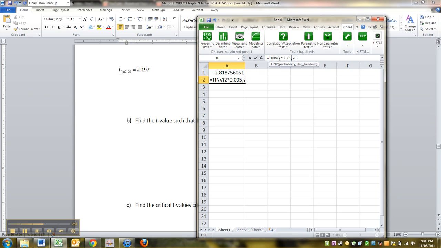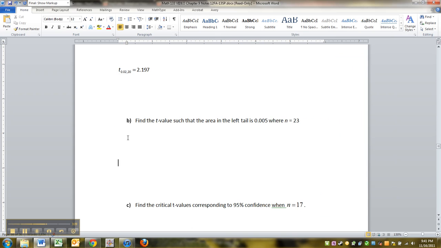Let's see if it'll do it. And then 22, right? Because degrees of freedom is 22 when n is 23. Cross our fingers, hope it works. It's the same. It's just they gave us the positive one. We really technically want the negative one. The negative one's what they're looking for because the area in the left tail is so small.